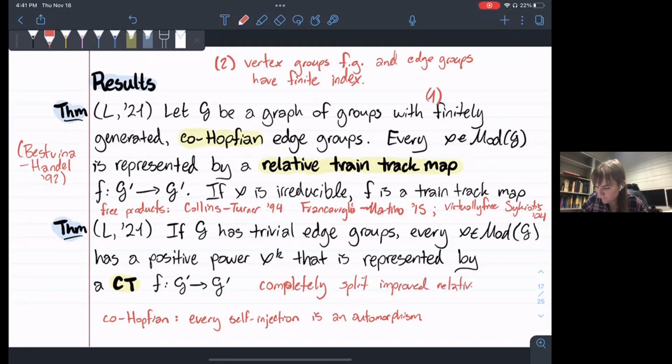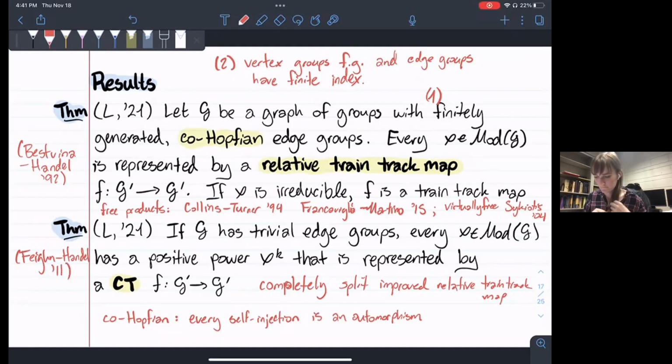I don't know exactly how it stands for this. I don't know where the T is coming from, train track, and C from completely, I guess. I have no idea. Anyway, this was originally done by Feighn and Handel for Out(F_n) in 2011.